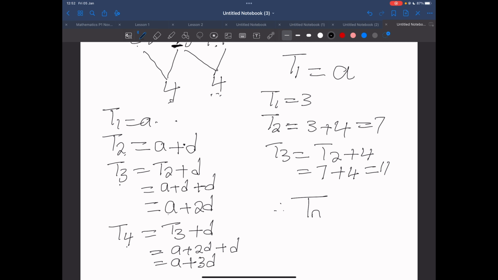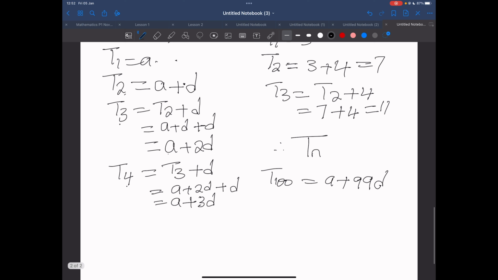So if we want term number 100, we will say it's a plus 99d. Therefore, if we want the general term n, where n represents any number, it will be a plus n minus 1 d. So this is the general term of an arithmetic sequence.